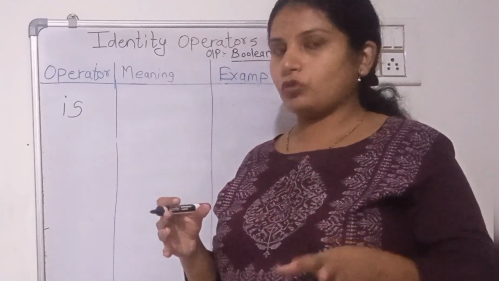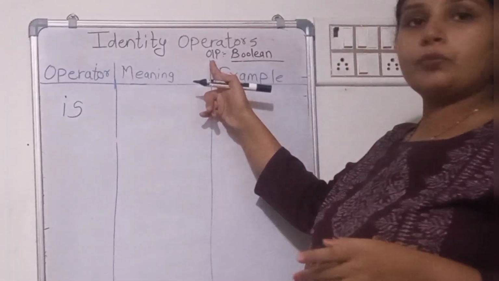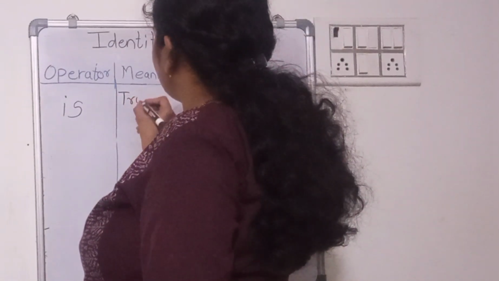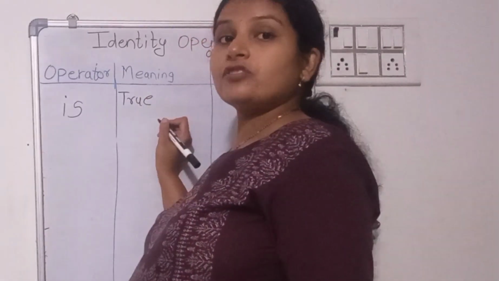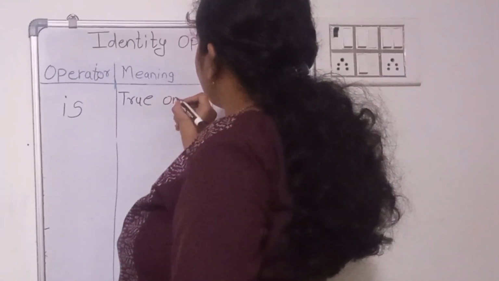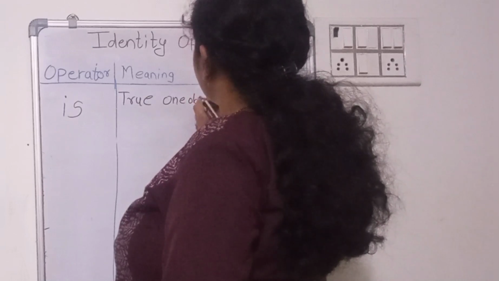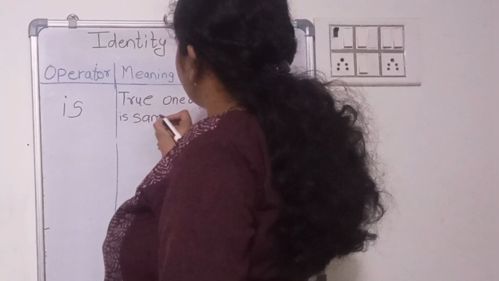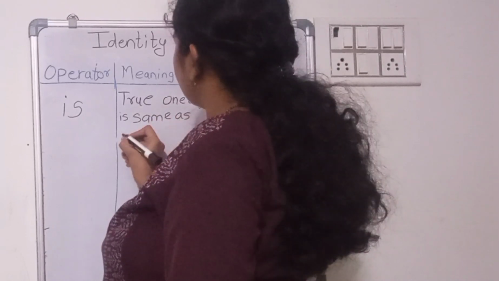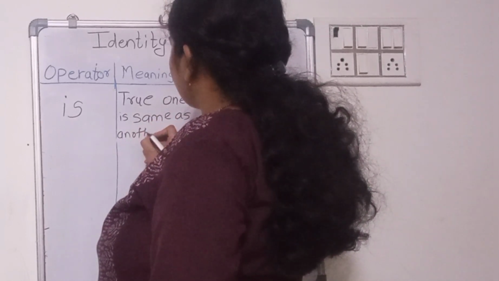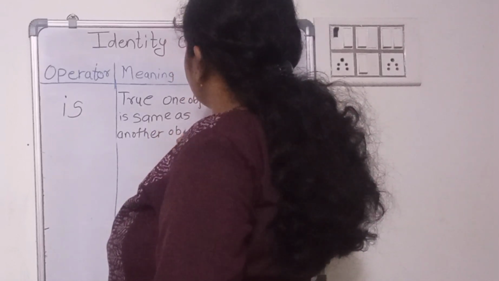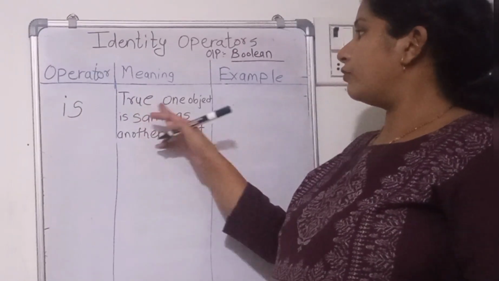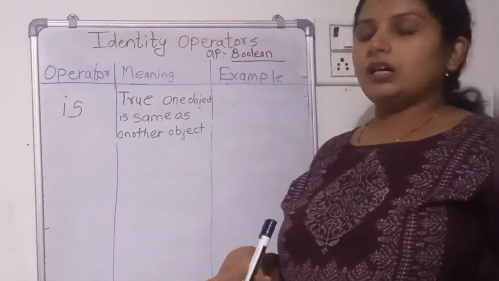Here also we get the output as a Boolean value. The result is true if one object is the same as another object.